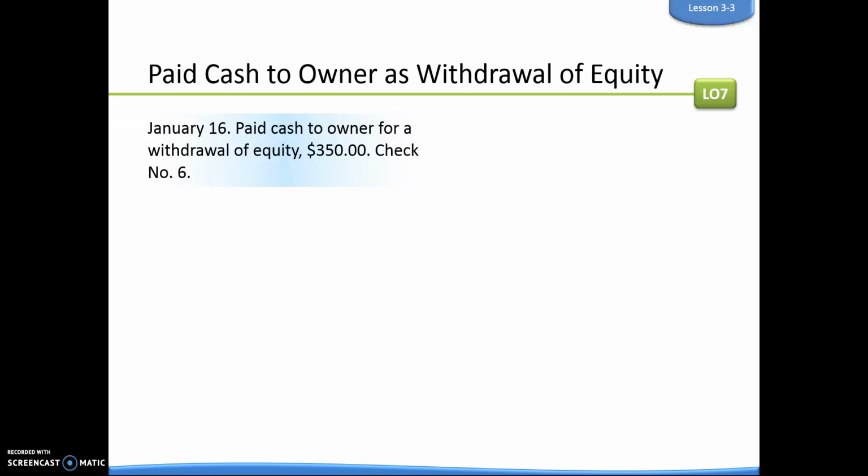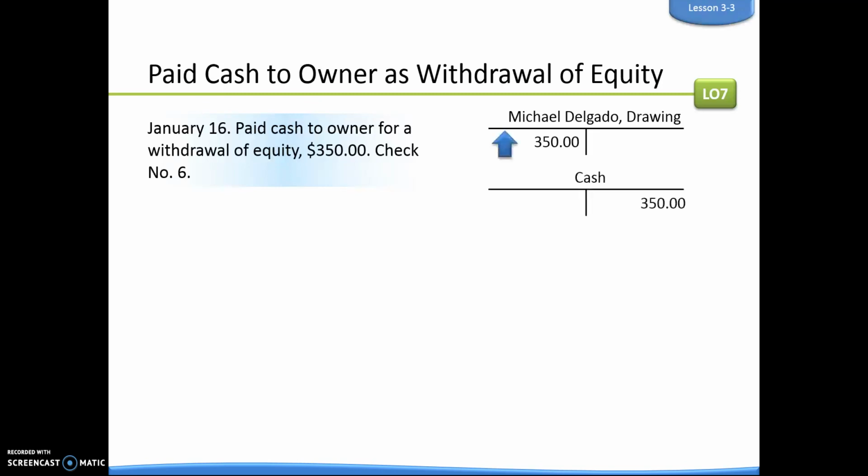So the owner's capital account, which is Michael Delgado Drawing, is going up with a debit, and cash is going down with a credit. Now remember that Michael Delgado Drawing account is one of those tricky ones under owner's equity, that technically it's decreasing owner's equity, so it has to increase on the debit side, because owner's equity would decrease with a credit. So in order to make owner's equity go down, it has to be on the opposite side, which is a debit.